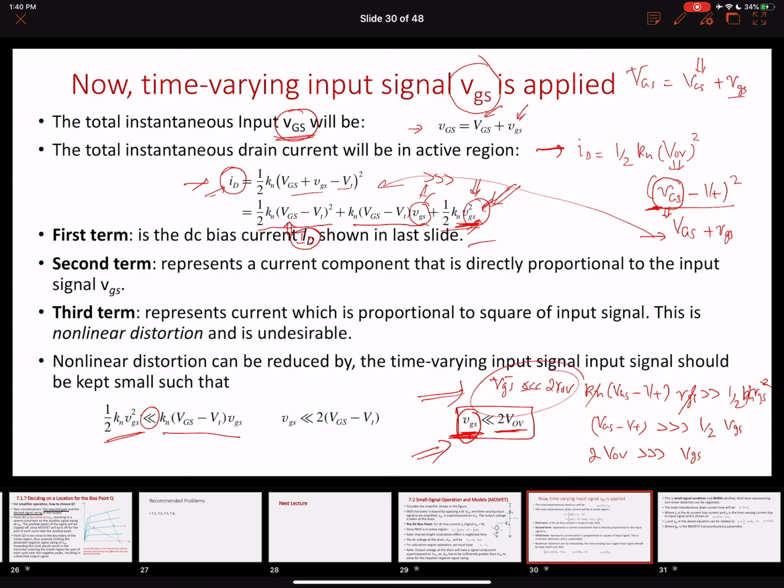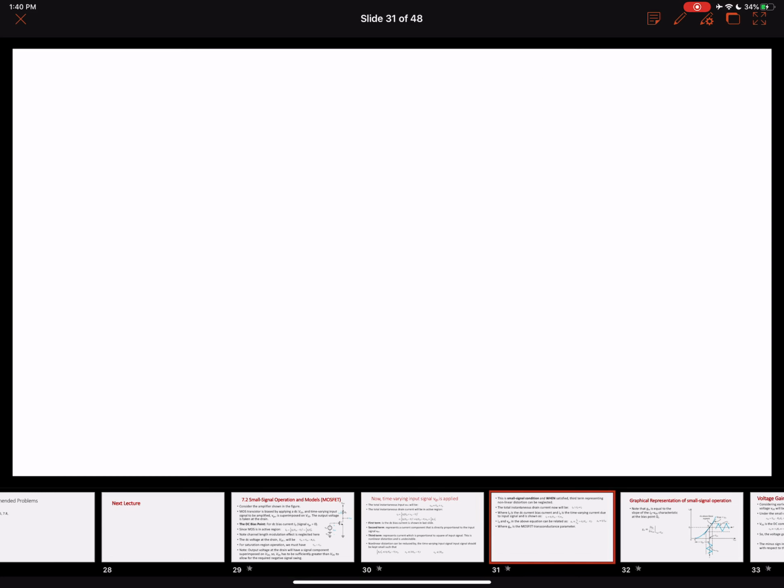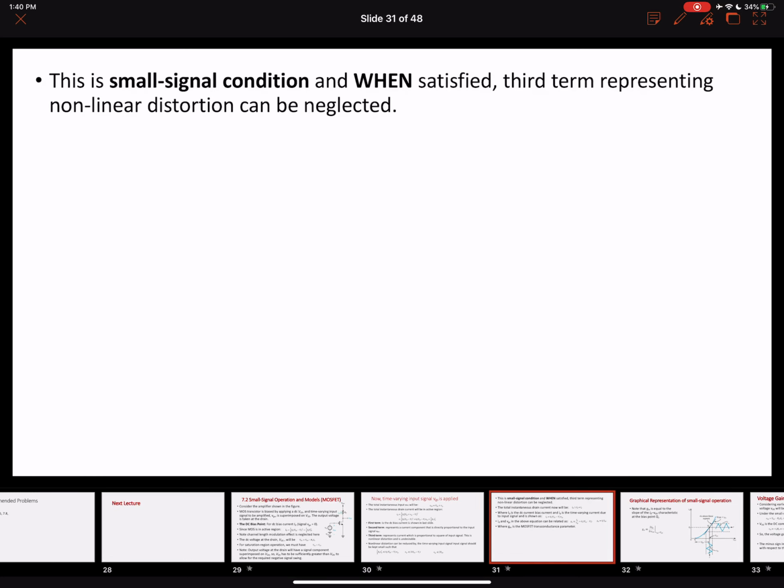If this condition is true, our amplifier will behave as a linear amplifier. This is what is called the small signal condition: vgs should be sufficiently smaller than 2 times the overdrive voltage. When this is satisfied, the third term, which represents the nonlinear distortion, will be neglected.